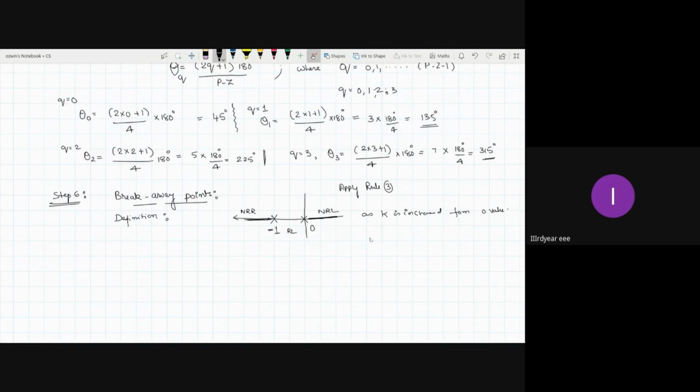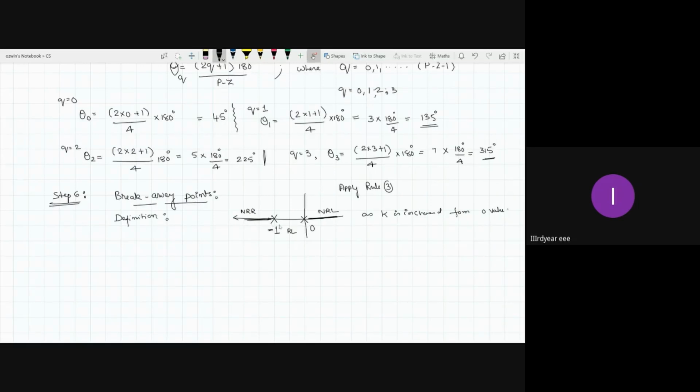You remember, in the very first class I demonstrated with a simple transfer function. For k equal to 0, the root was at the origin. For k equal to 1, the root was at -1. For k equal to 2, the root moved to -2, and so on. So as you increase the value of k, the root at the origin gets displaced.